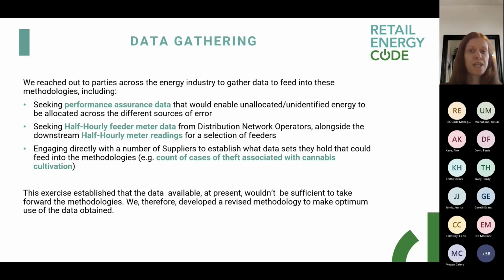We also discussed obtaining half-hourly feeder meter data from distribution network operators alongside the downstream half-hourly meter readings for a selection of feeders. And we engaged directly with a number of suppliers to establish what data sets they held that could feed into the methodologies.